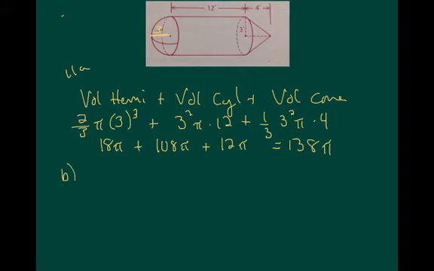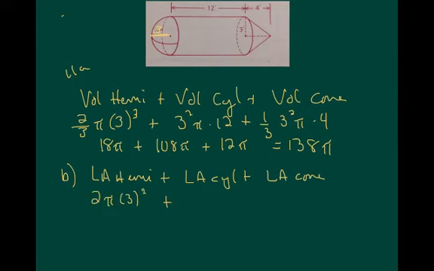In part B, they'd like us to find the surface area of this. So we'll take the surface area, or the LA, of the hemisphere, and then add on the LA of the cylinder, and finally we put on the lateral area of the cone. And when we figure all those 3 out, we'll add them together. The lateral area of the hemisphere is just going to be 2 pi times 3 squared.